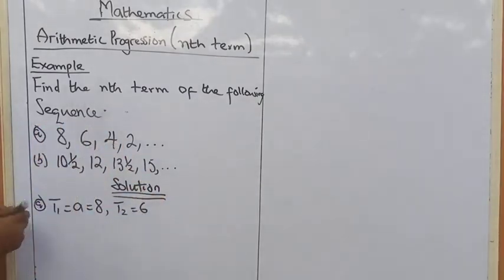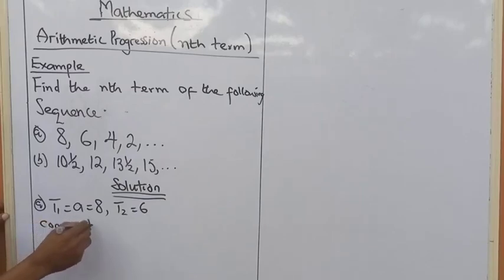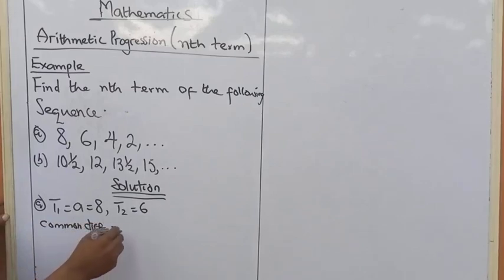That's what we call common difference. We use letter D for common difference, which is equal to D equals T2 minus T1. That's the formula for it.